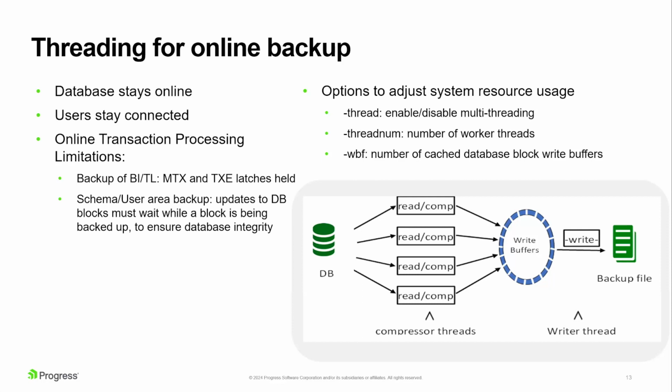The more of those you have going in parallel, of course, the better throughput you're going to have on your backup. We also, at the other end of the backup operation, where we're writing out the information to the backup file, you can specify the number of writer threads that will help you move those cached database block write buffers to disk. Okay, so we took care of threading for online backup.